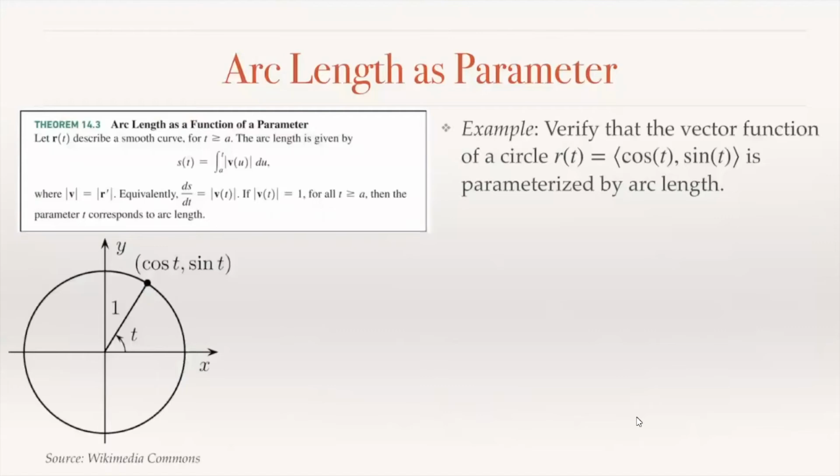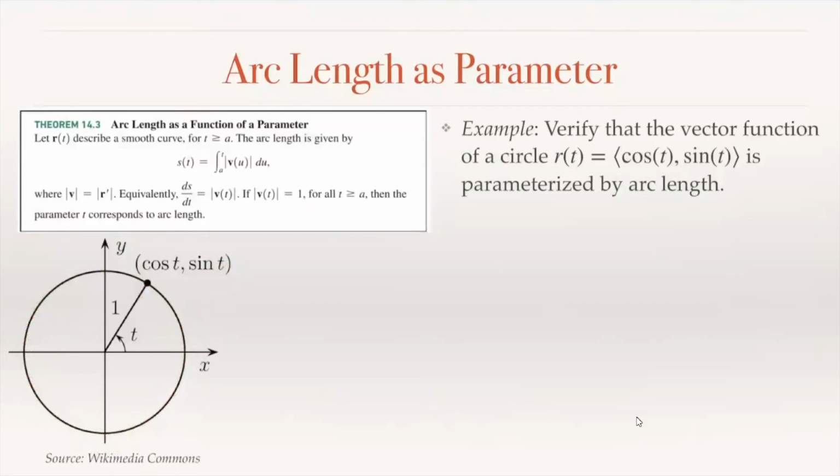So first, let's do an example verifying that something is an arc length parameter. First, intuitively, as we go around the circle, t needs to go between 0 and 2 pi to go fully around the circle. However, the circumference is also 2 pi.